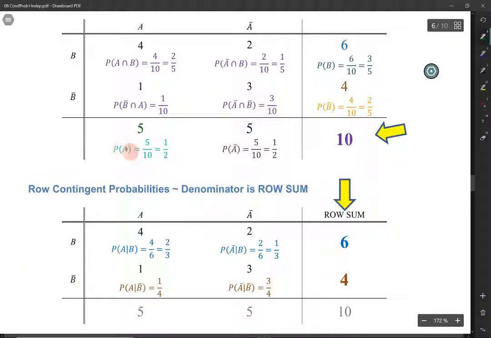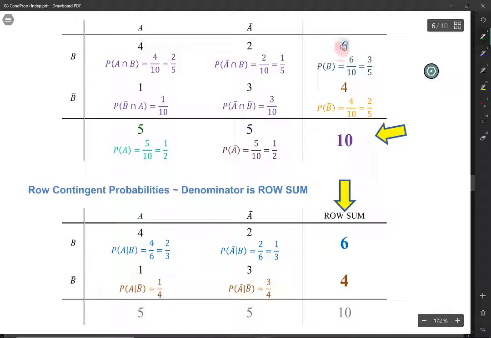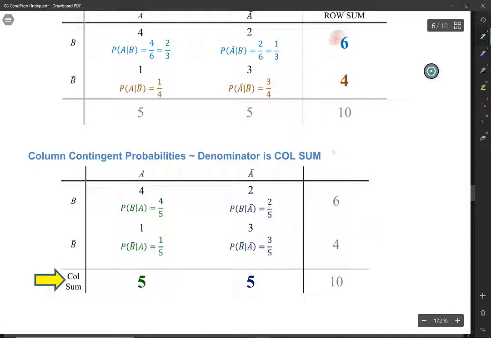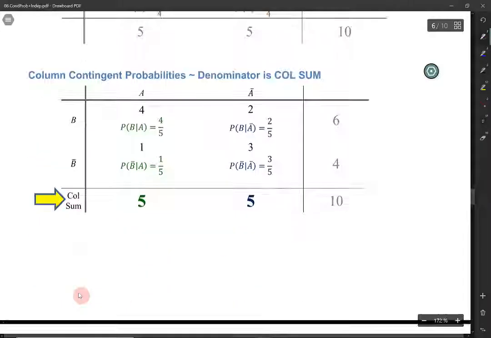So here, you can get the probability of A itself, using this 5 over 10, or the probability of not A. The probability of B is this 6, because that's all of B over the sample space, and the total not B, the complement of B, over the sample space, right? So sometimes you're using this as your base, and some other times you're using the row sum as the denominator base, or sometimes the column sum as your denominator base.